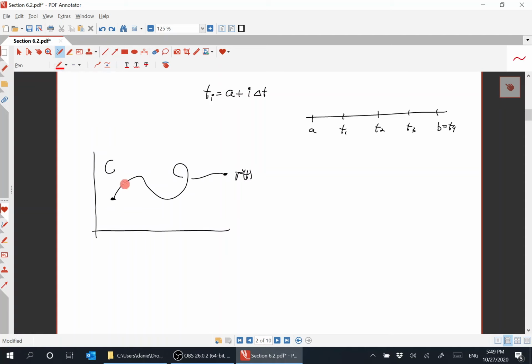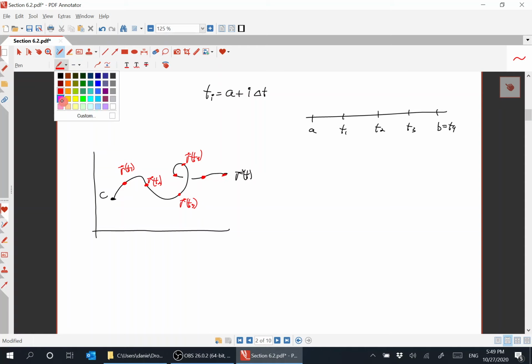So you've got these points, r of t1, and they're not necessarily evenly spaced, but just for effect, we'll put them at fairly regular intervals along the curve. T2, T3, r of T4 we'll say is here, T5, T6, T7.